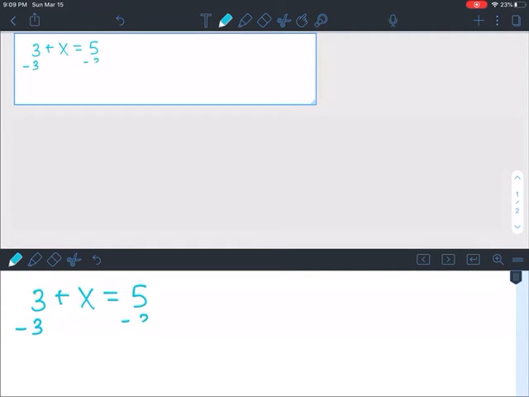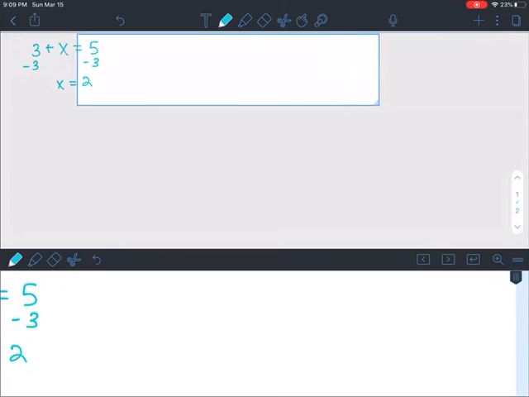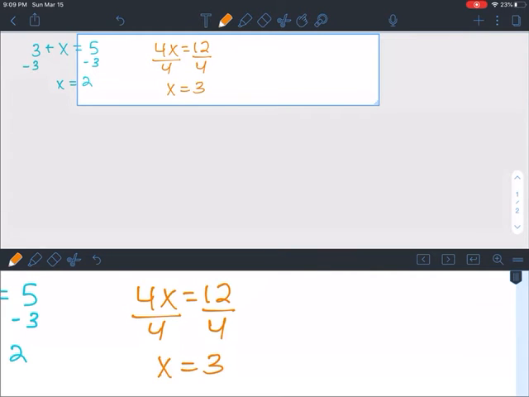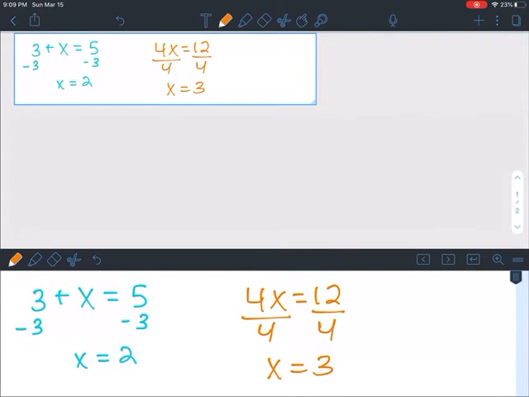So you would tell me, Miss Gronefeld, we're going to subtract 3 on both sides and end up with x equals 2. Similarly, if I had something like 4x equaled 12, to undo that multiplication, we would say, okay, we're going to divide by 4 on both sides. So this is what we call using inverse operations. In those two equations, we're using inverse operations to solve for our variable.